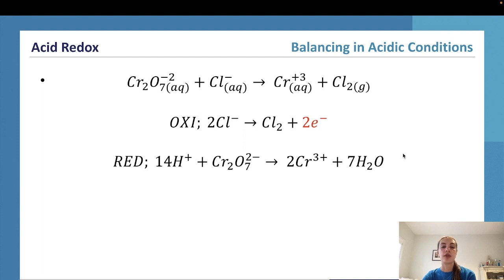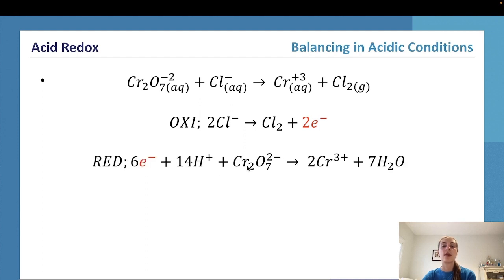Now for the reduction reaction, we can see that we've got 14+ here, but then 14+ plus -2 would give us 12+ for the reactant side. On the product side, each chromium ion has 3+, but we've got 2 of them, so the chromium ions have a 6+ charge.